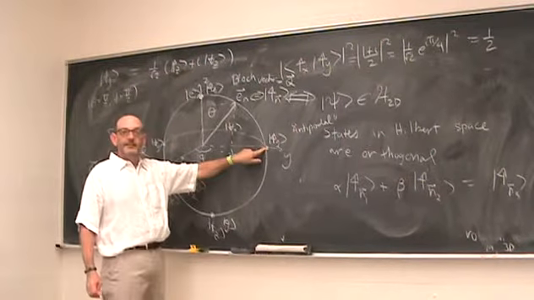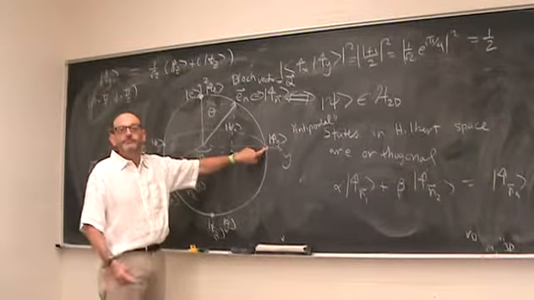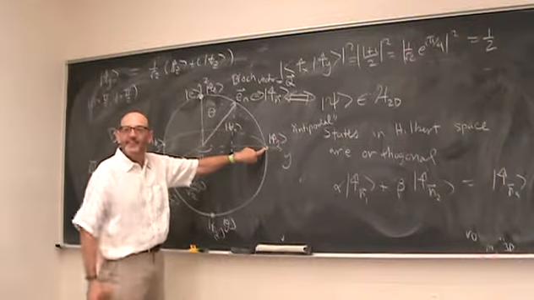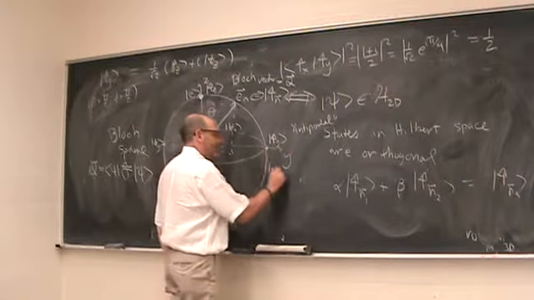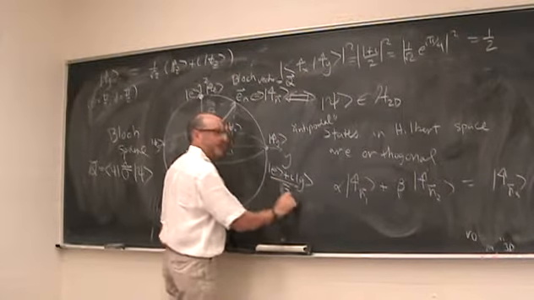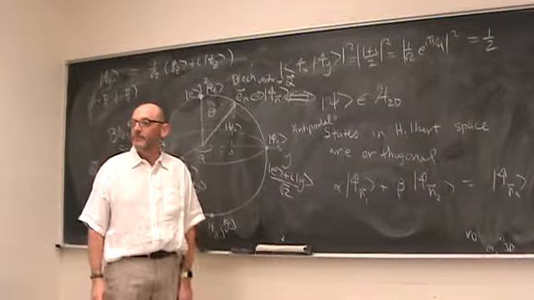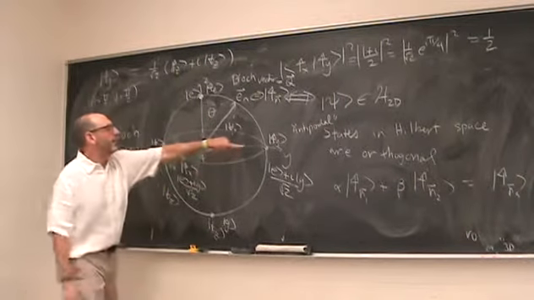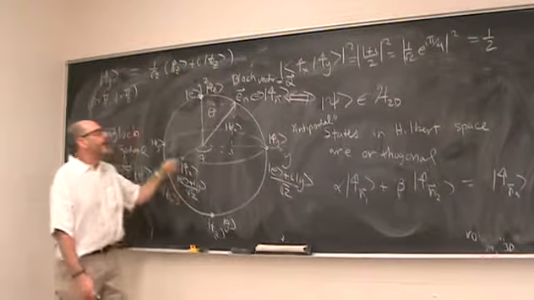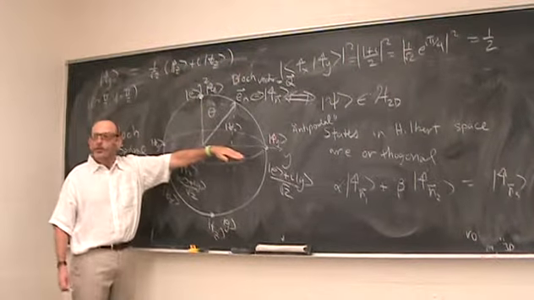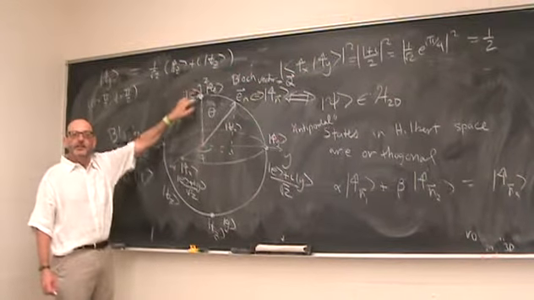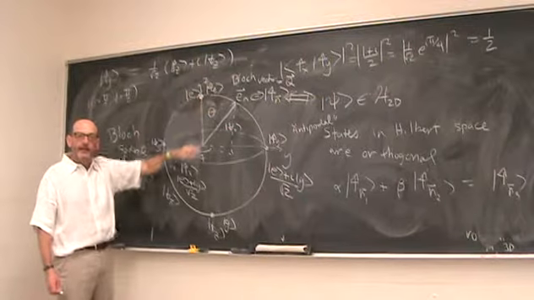What is this state? No, sitting over there somewhere. This is excited plus i ground over root 2. Okay? Every point on the equator of the Bloch sphere, where theta is pi over 2, is a 50-50 superposition, equal amounts of excited and ground.